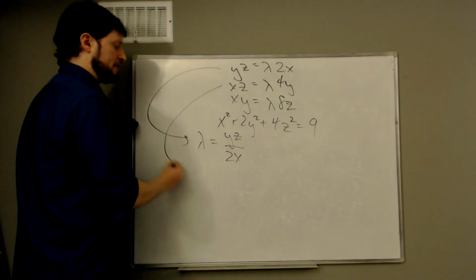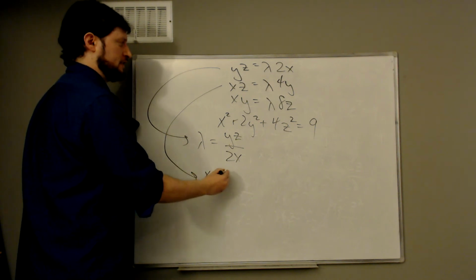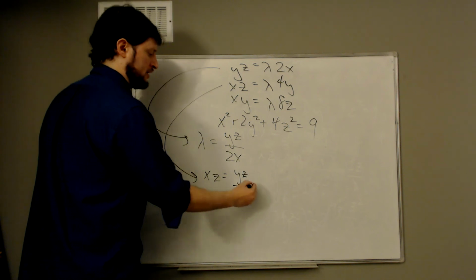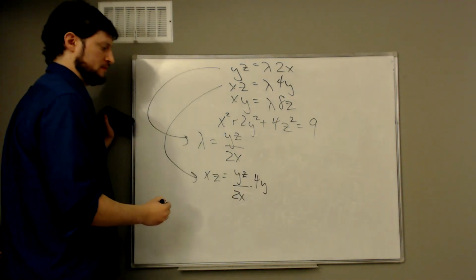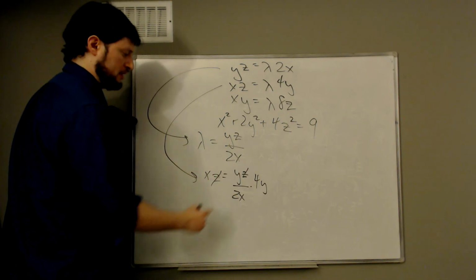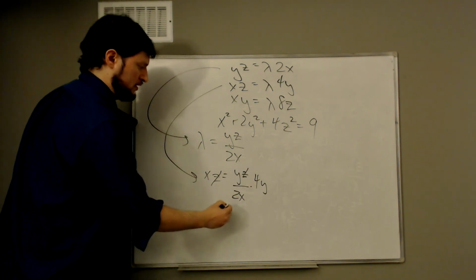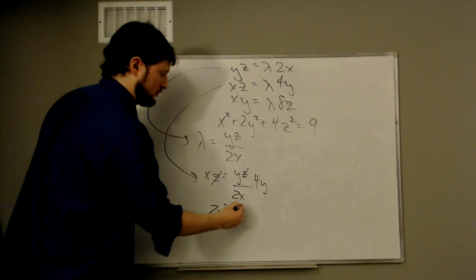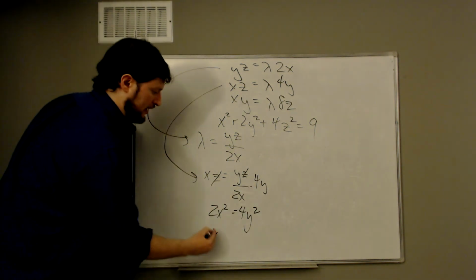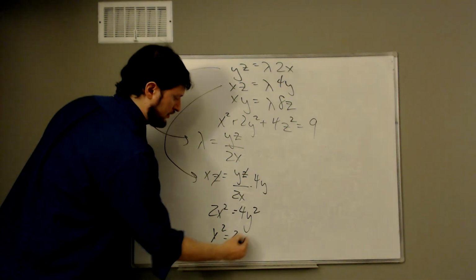If I plug that into the second, I get xz is equal to lambda, which is yz over 2x times 4y. The z's cancel, and this becomes 2x squared, if I bring the 2x up, is equal to 4y squared, which says that x squared is equal to 2y squared.